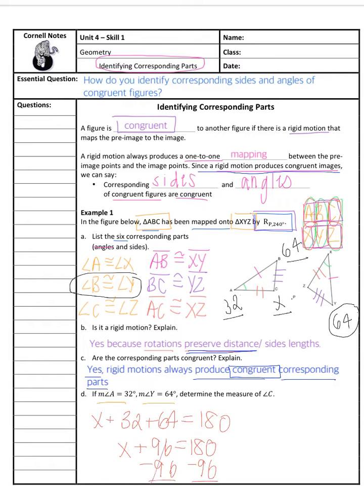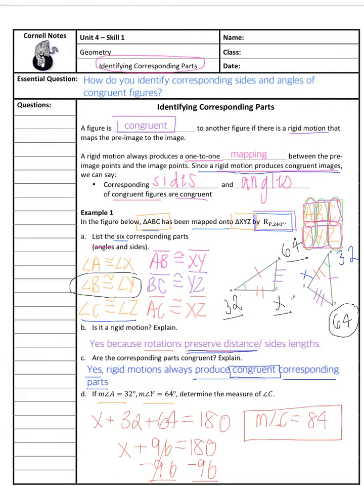And we're going to figure out that the measure of angle C will equal 84 degrees. You could have also solved this problem by taking the 32 and moving it over to angle X, and then saying, okay, I'm going to find Z, and we know that Z is the same as C, and you would have gotten 84 degrees either way.